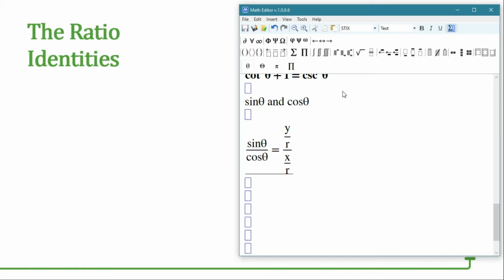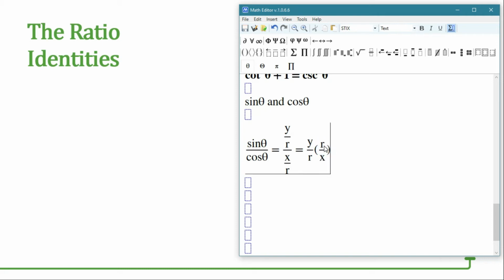In simplifying this complex fraction, we multiply by the reciprocal of its denominator, the reciprocal of x over r, and that is r over x.